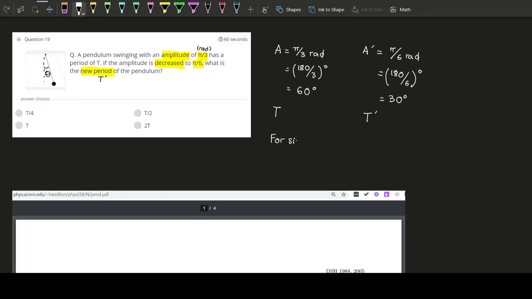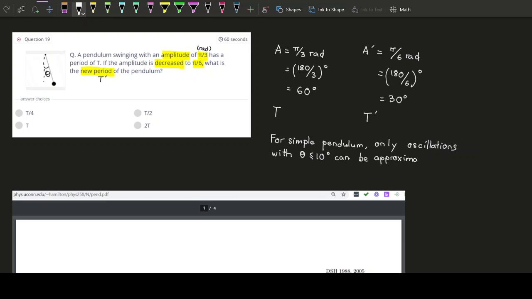For a simple pendulum, only oscillation with theta less than or equal to 10 degree can be approximated as SHM.